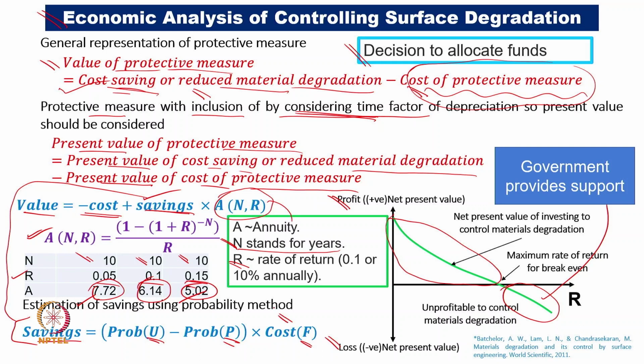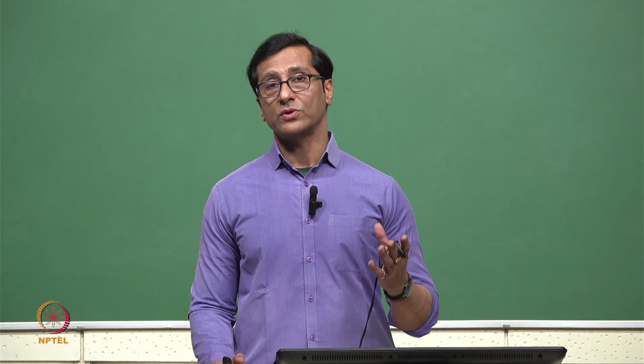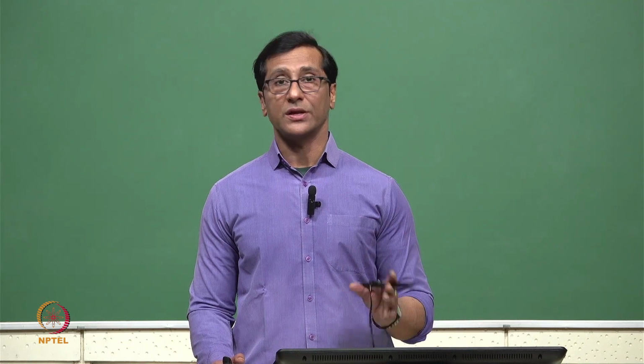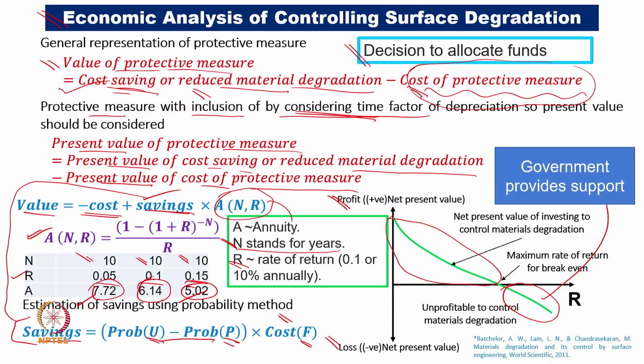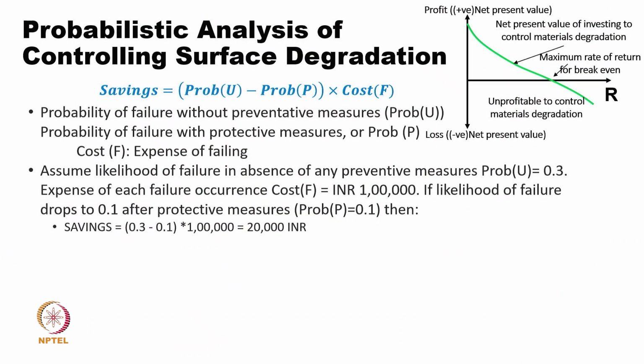If there's some pipe burst because of corrosion, what will be the overall impact, what will be the overall cost, we need to consider. Again, as I say, these are probabilistic. We need to show the probability of failure and probability of success. So here we are saying probability of failure when preventive measures have not been accounted, and here probability of failure where preventive measures have been accounted. So these things are important.